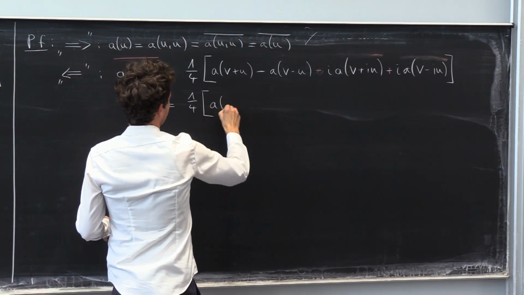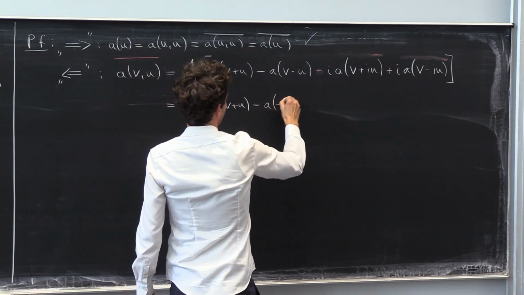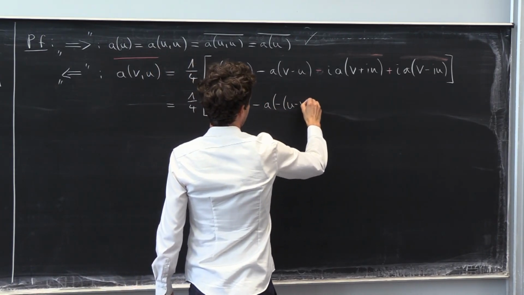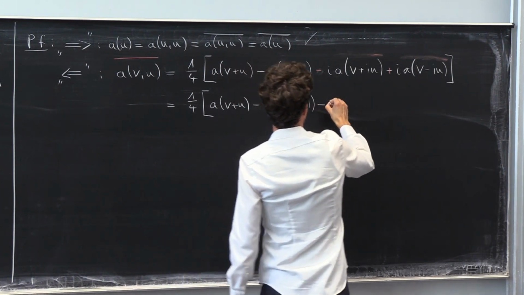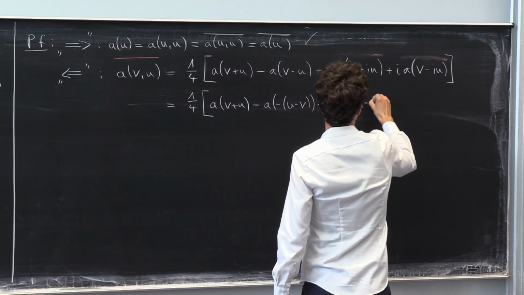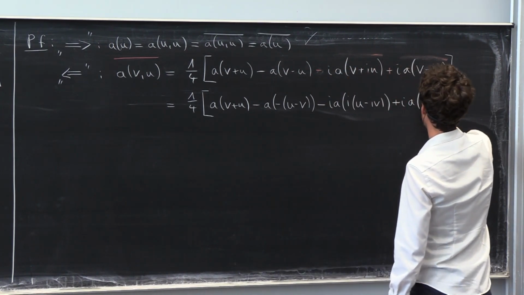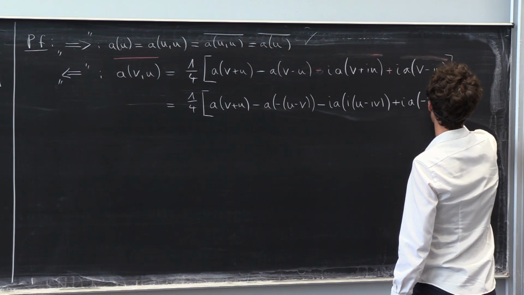I'm going to do nothing to the first term. Then in the second term, I'm going to put a minus sign out. In the third term, I'm going to put an i as a factor. And in the last term, I'm going to put a minus i as a factor.